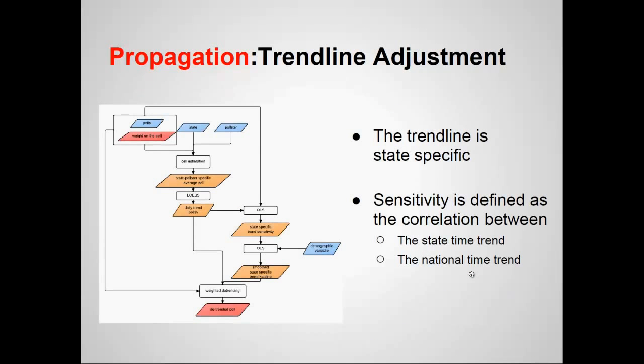So later, Nate Silver realized that that is probably not the best and brightest idea, because the trend line tends to be state specific. So later, he actually came up with some method to calculate the sensitivity of each state with respect to the national sentiment.